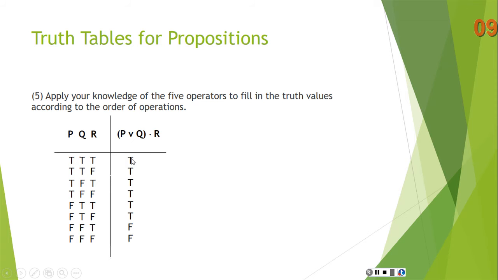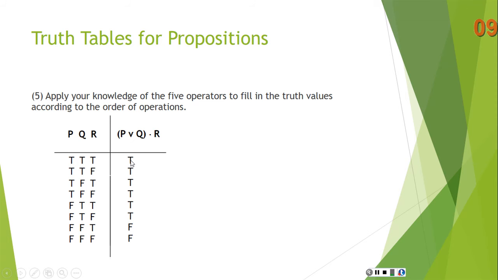So how do we fill this one out? Well, we need to know the truth value for the wedge, given the truth value of P and given the truth value of Q. So we look over here. For line 1, P is true and Q is true.